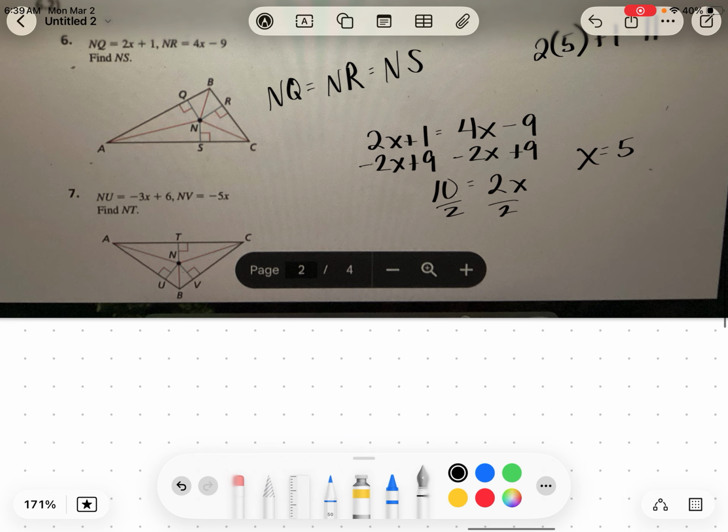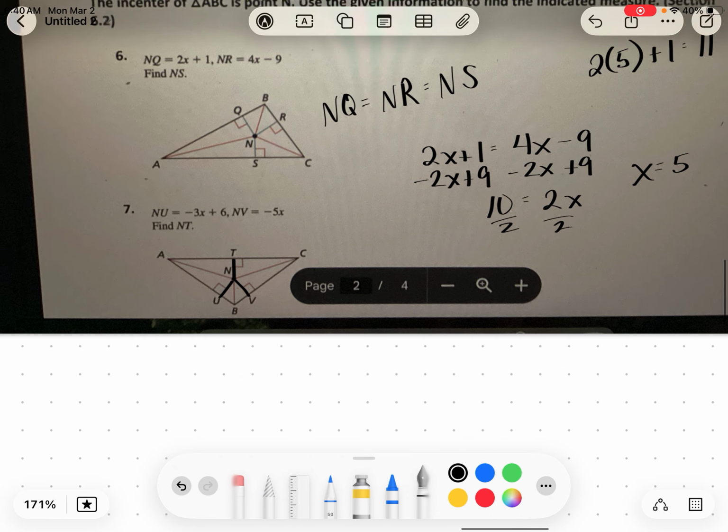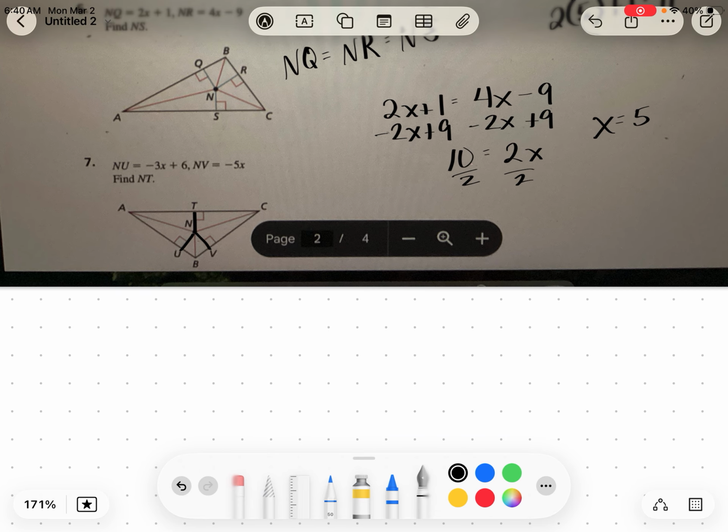On number 7, same type of deal. These little lines right here are the ones they're referring to. And as long as they are on the incenter, which it says, then they are the same. So negative 3x plus 6 would equal negative 5x.